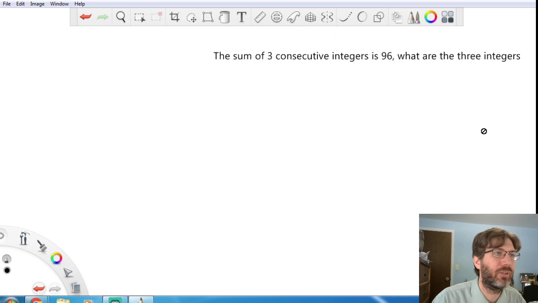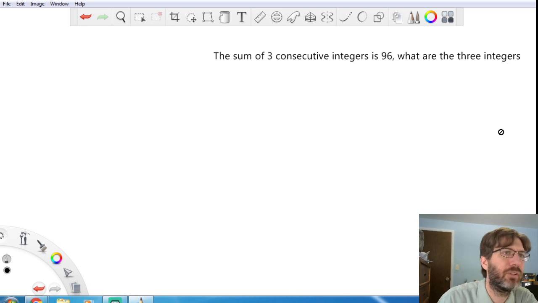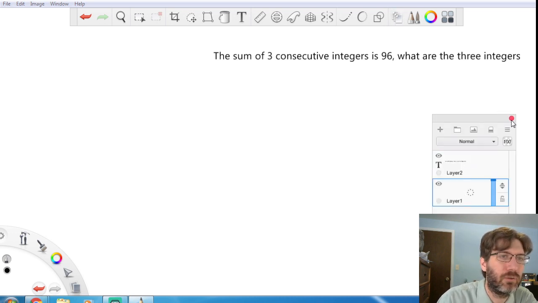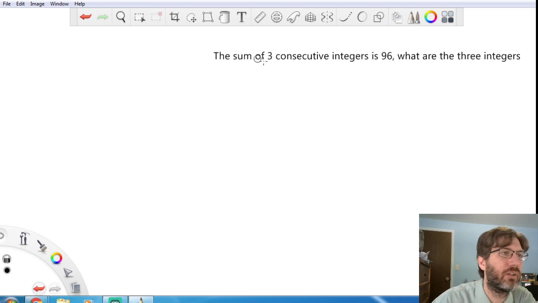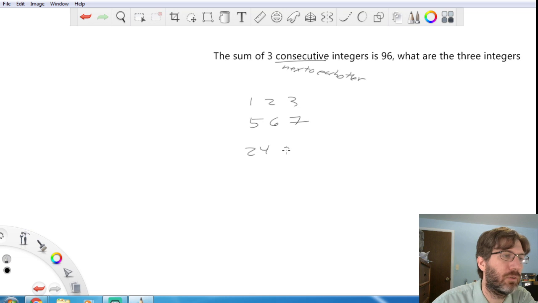Right? So here we have the sum of 3 consecutive integers. And again, consecutive means that they're right next to each other. So make sure you know your definitions there. Consecutive meaning right next to each other. In other words, your numbers are like 1, 2, 3. These are consecutive integers. 5, 6, 7 are consecutive integers. 24, 25, 26 are 3 consecutive integers.